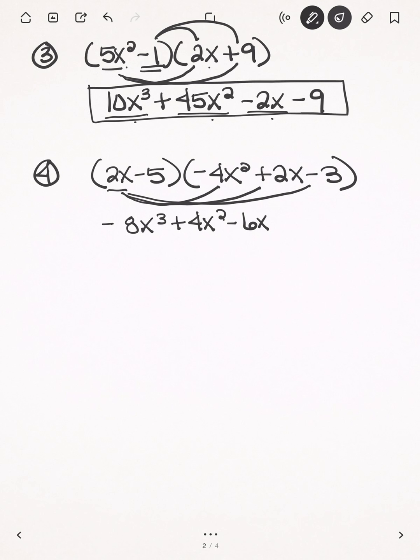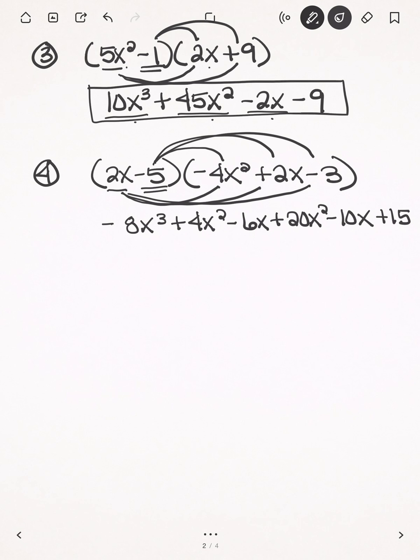So I'm halfway done. Now, I'm going to take this second term, this negative 5, and I'm going to multiply it by everything in the other set of parentheses. So negative 5 times negative 4x squared would be a positive 20x squared. And negative 5 times a positive 2x would be a negative 10x. And negative 5 times negative 3 is positive 15.